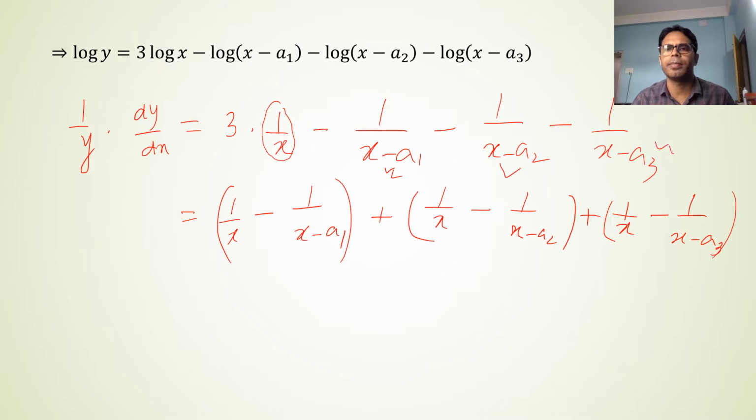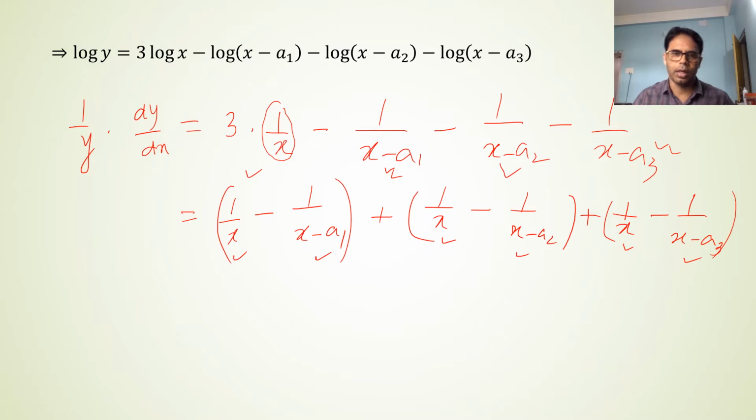So you see here 1 by x plus 1 by x plus 1 by x is 3 times 1 by x, then minus the terms with x minus a1, x minus a2, x minus a3 is already there. So we can write in this particular way to get the answer in an easy way.